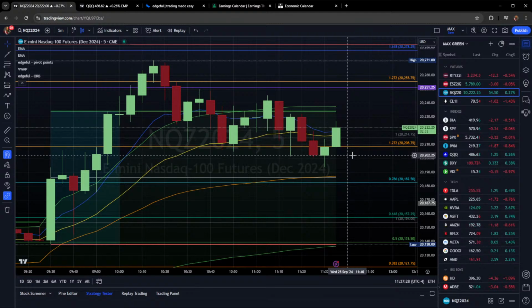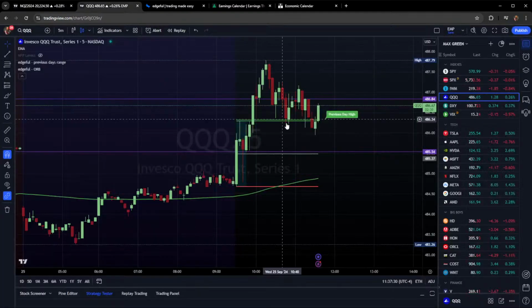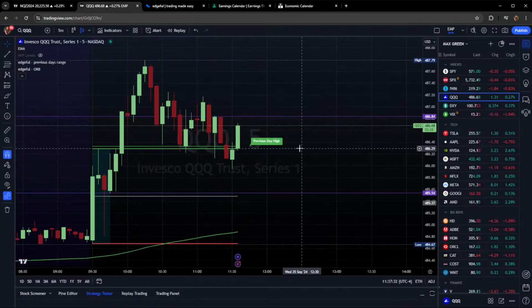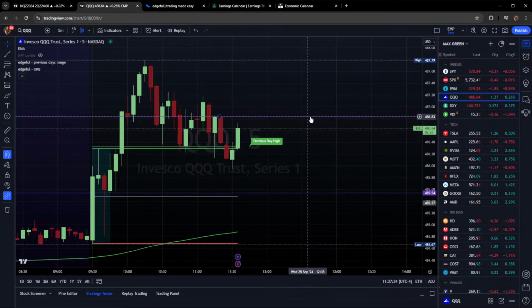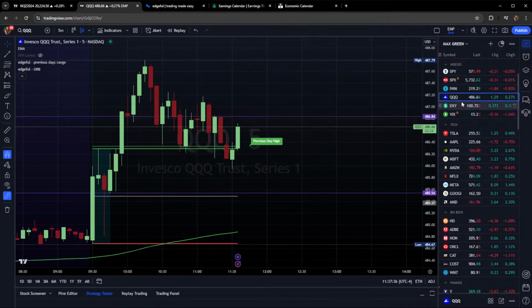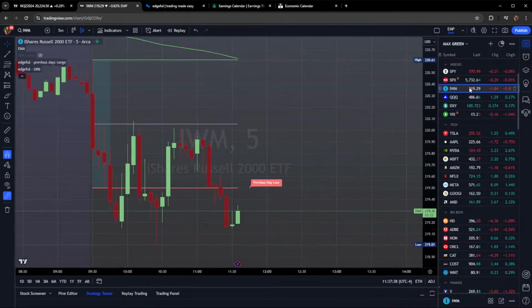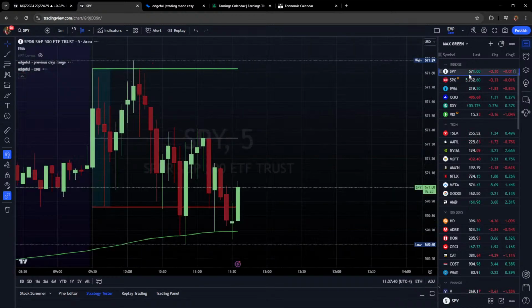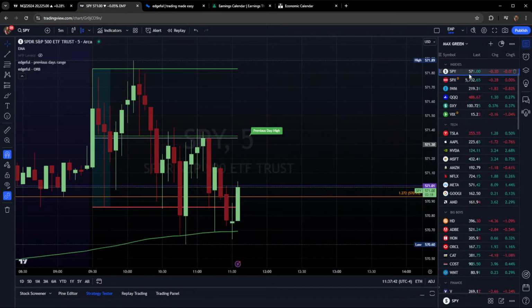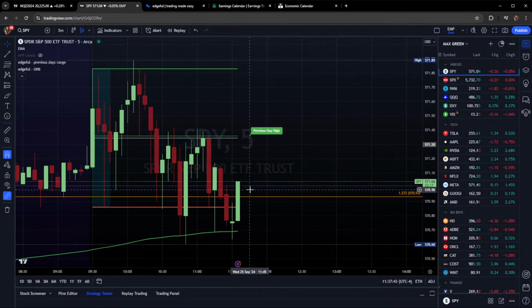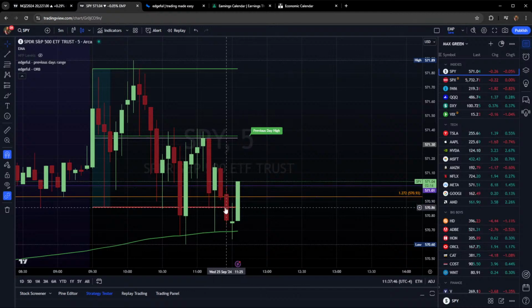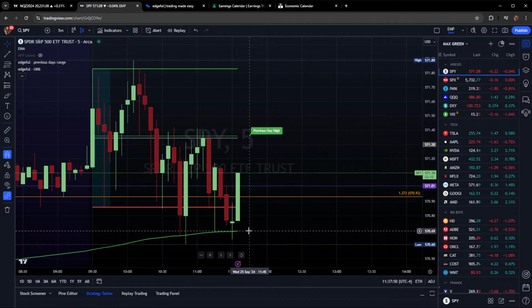Those candle close right there. You want SPY to reject here and not recapture this. Big old bounce here.